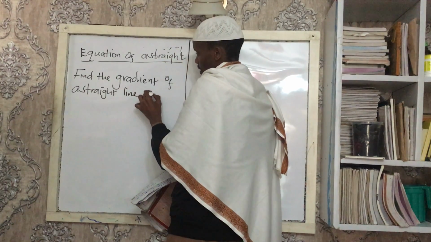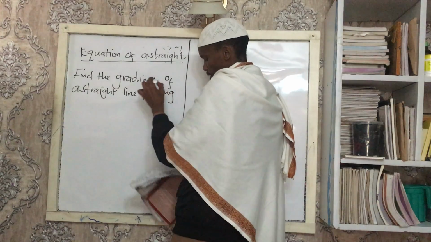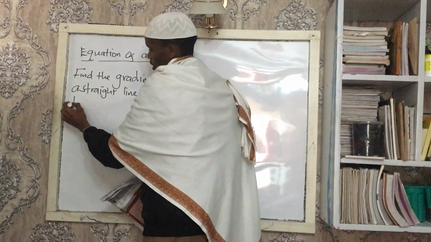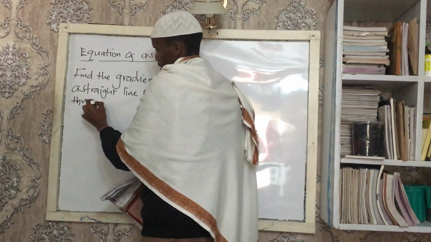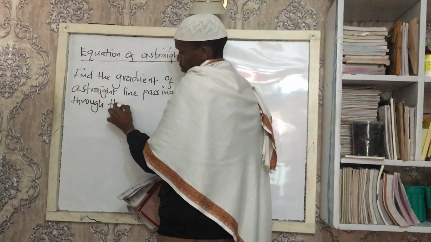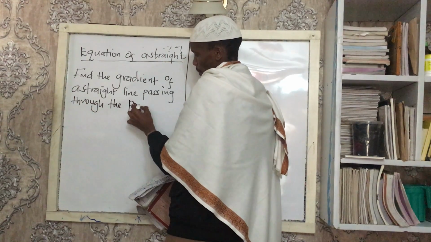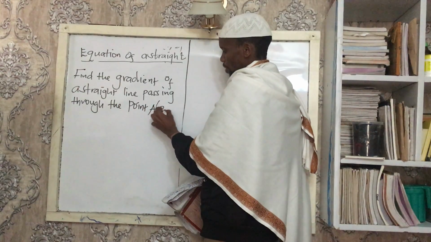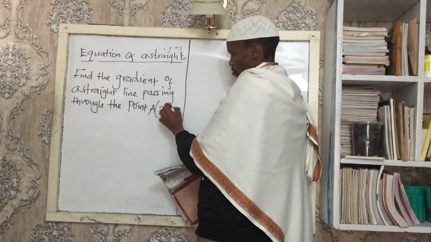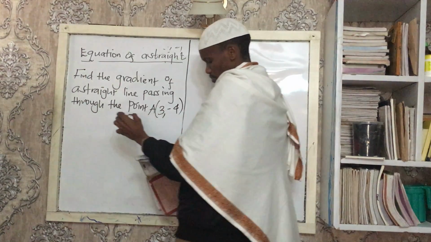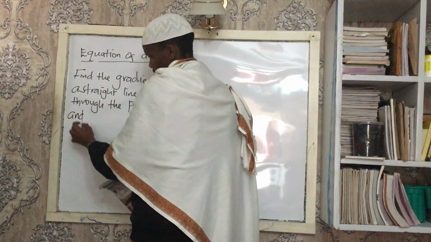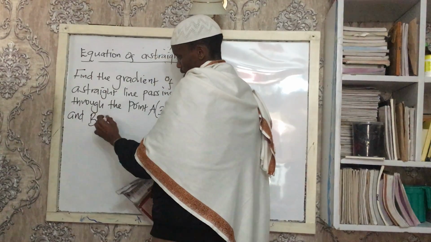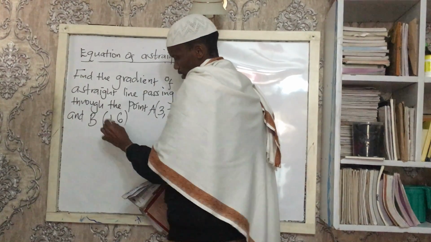Find the gradient of a straight line passing through the point A, 3, minus 4, and point B, that will be 1, 6.